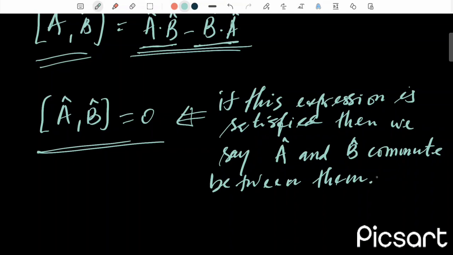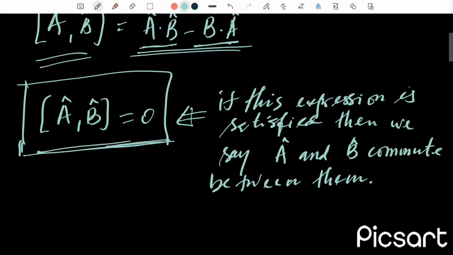We go on, but you must remember that two operators that satisfy this expression, we say that they commute between them. And if two operators commute, then this has a physical or chemical consequence.